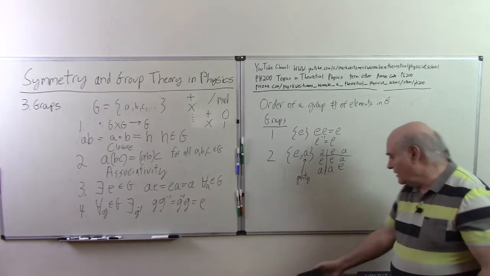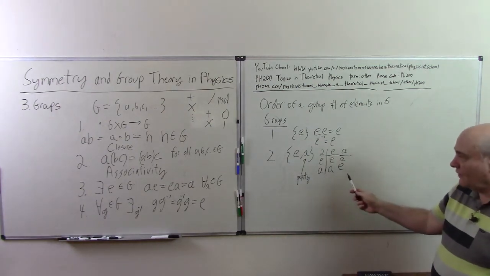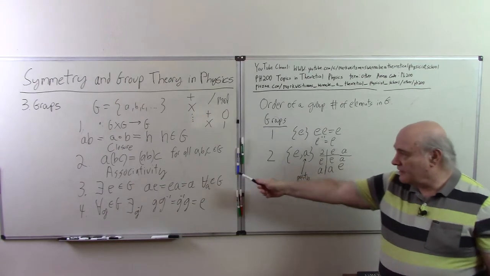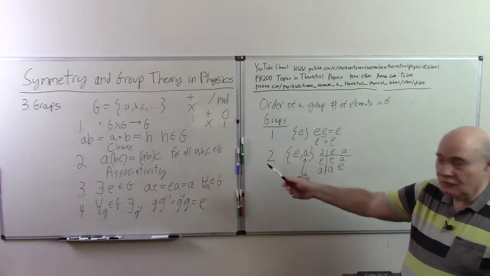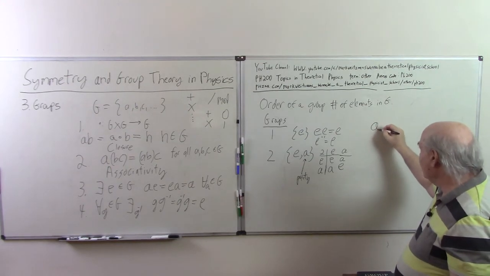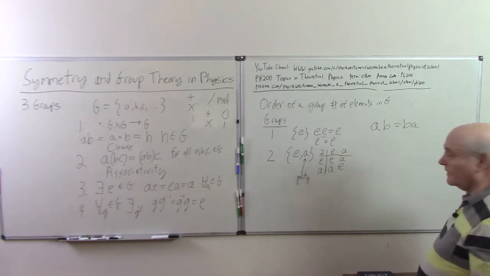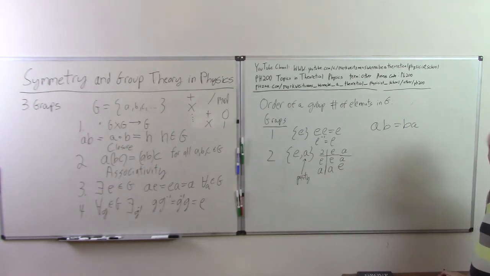Nothing peculiar yet. One thing to notice is that I did not list a rule that's very common in grade school. In grade school, we have things like AB equals BA. That holds for real numbers, complex numbers, but does not hold for quaternions.